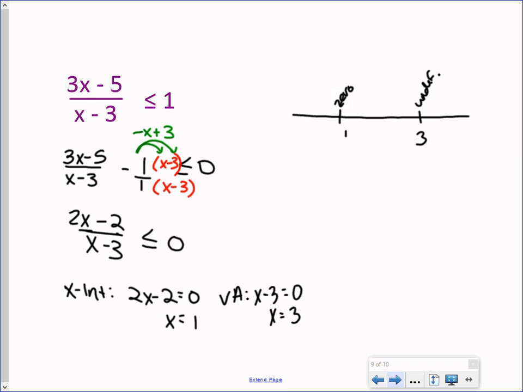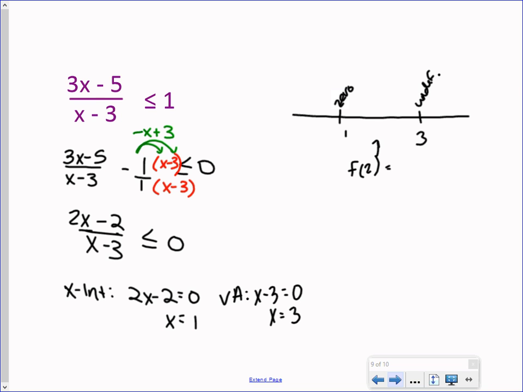Now you just got to test the interval. The interval testing I do is kind of the same. What I focus on is what's the sign of my numerator divided by the sign of my denominator. Same sign, it'll be positive. Different signs, it'll be negative. So I might test f of 2 right here.